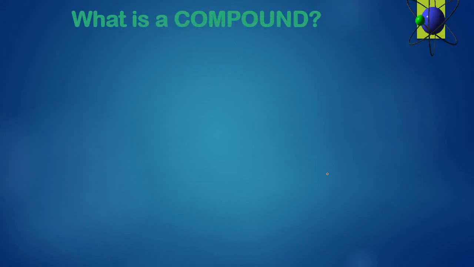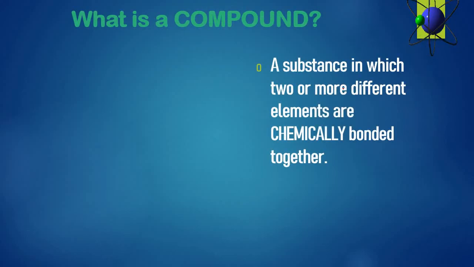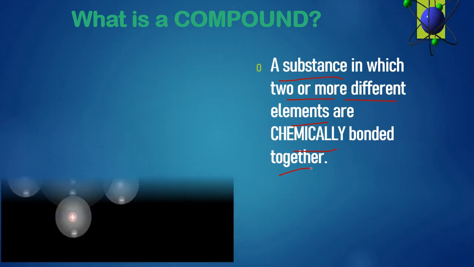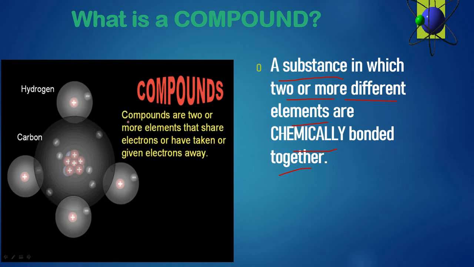Now we see what is a compound. A substance in which 2 or more different elements are chemically bonded together is called a compound. It can also be defined as 2 or more elements that share electrons, or have taken or given electrons away.